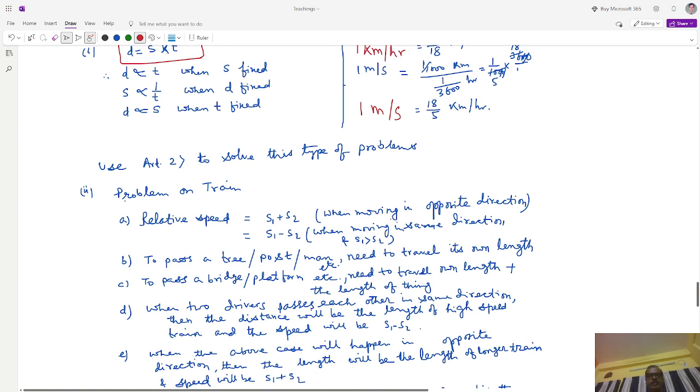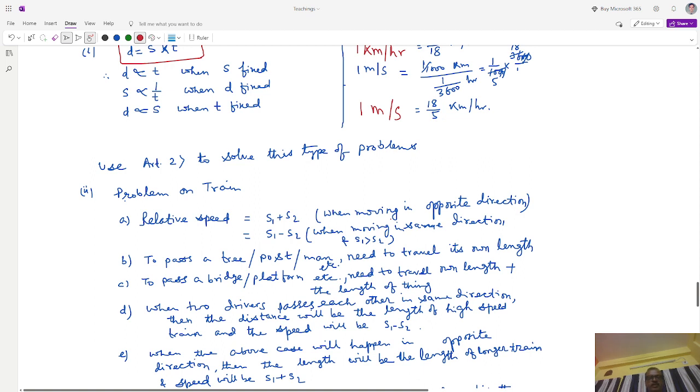And if they move in the same direction, then the relative speed is the difference between the two speeds.